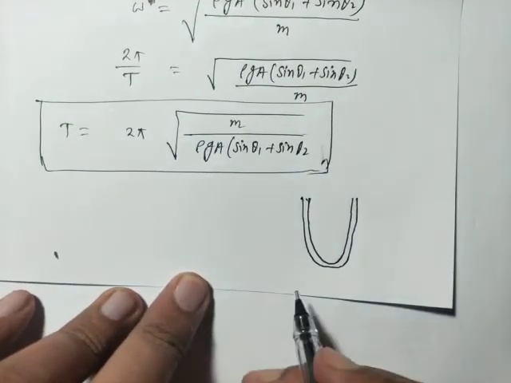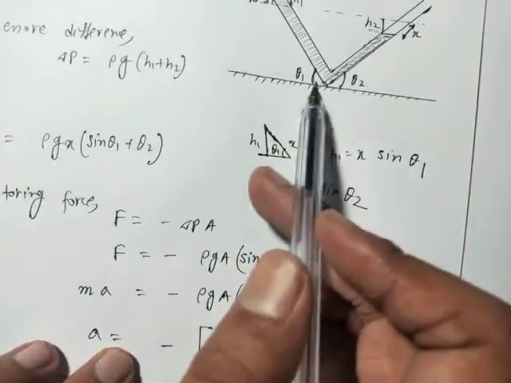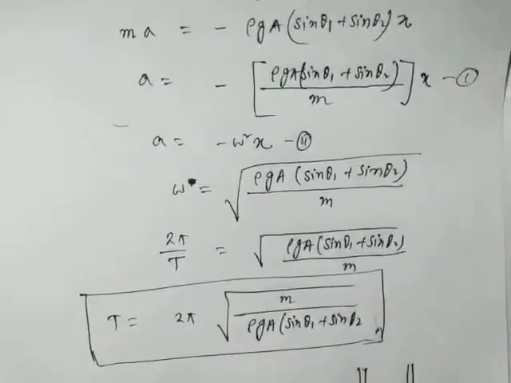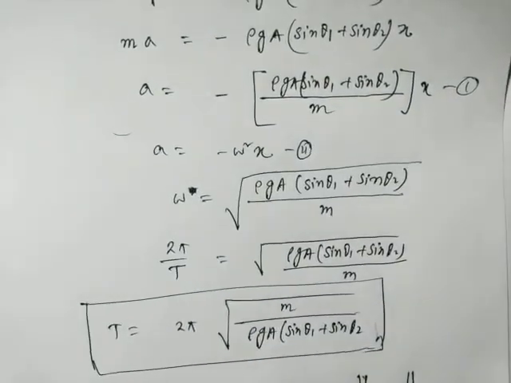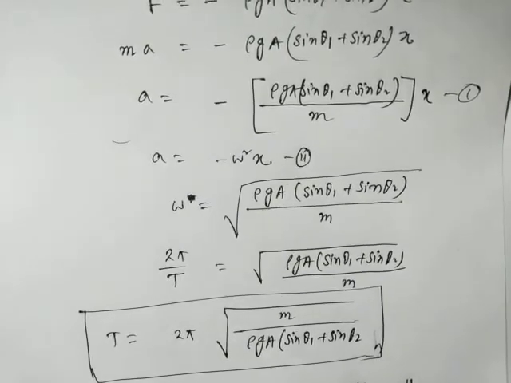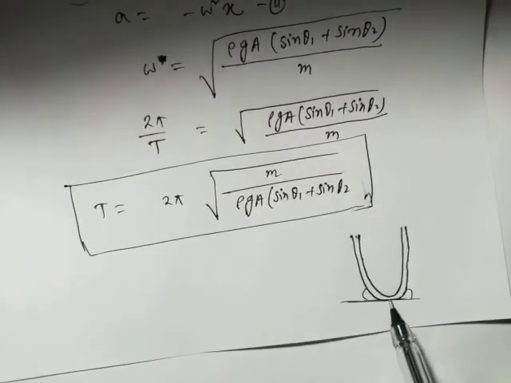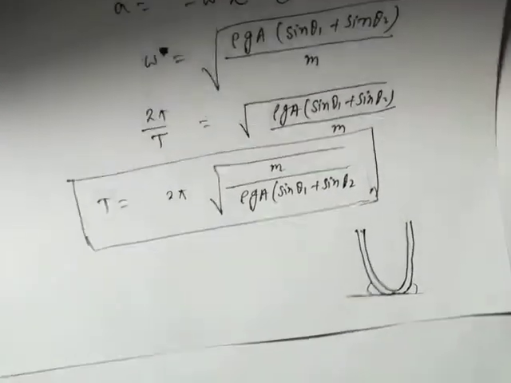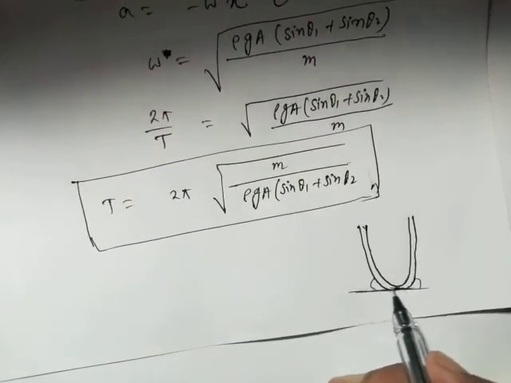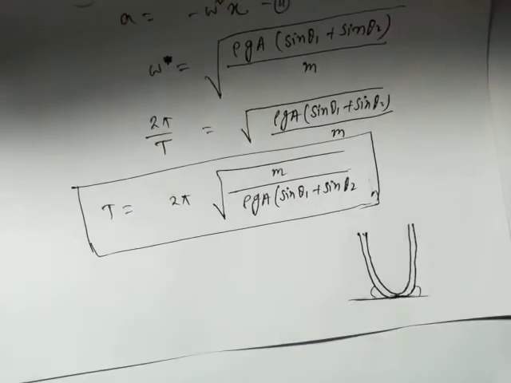In that case, these angles theta 1 and theta 2 will be 90 degrees. Here also theta 1 and theta 2 will be almost 90 degrees, if we take the contact surface as very small.